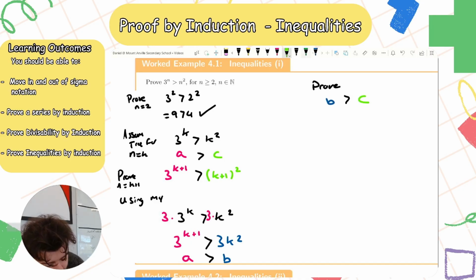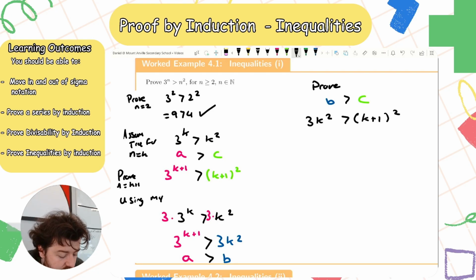So I need to now prove that 3k squared is greater than k plus 1 squared for k greater than or equal to 2. So I have 3k squared is greater than k squared plus 2k plus 1.